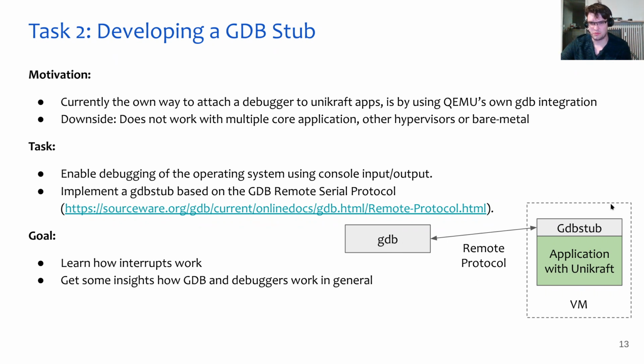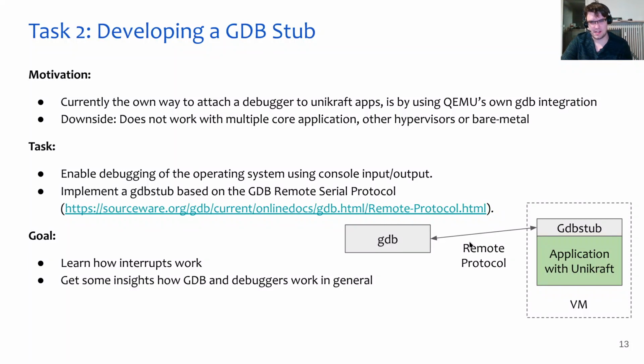So your GDB would talk to this GDB stub running inside Unicraft, and they would talk over the console using the remote protocol that GDB specifies. And this then allows GDB to debug the application, with all the features that you can think of. So with that, you hopefully also get some insights into how debuggers work. So the next time things are misbehaving, maybe you have more insights.